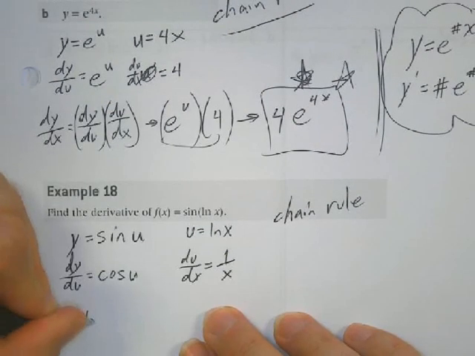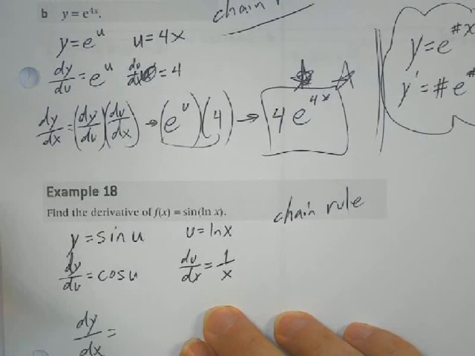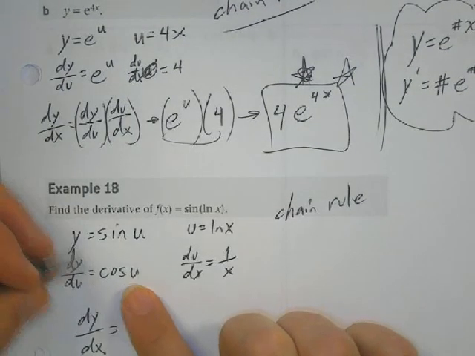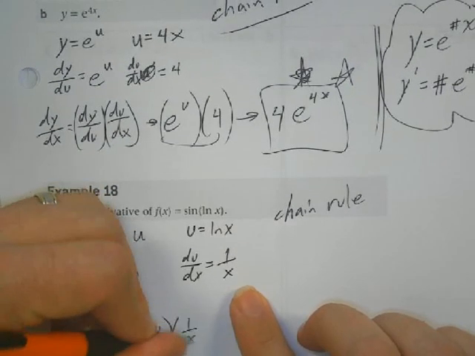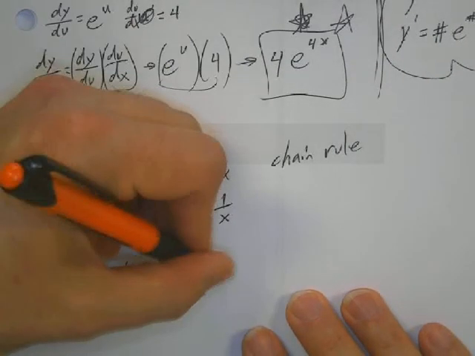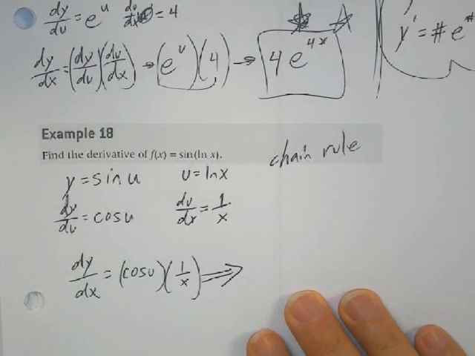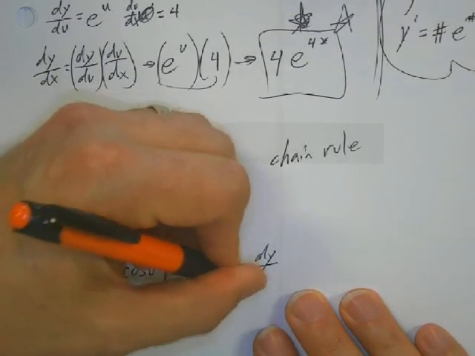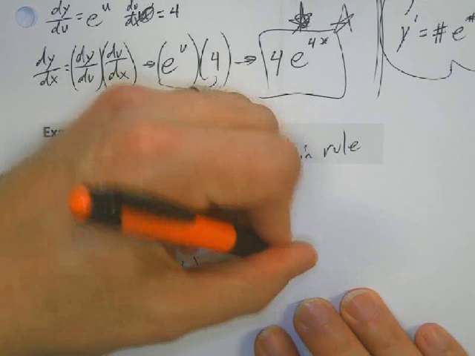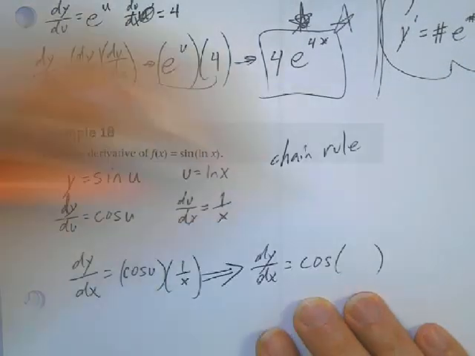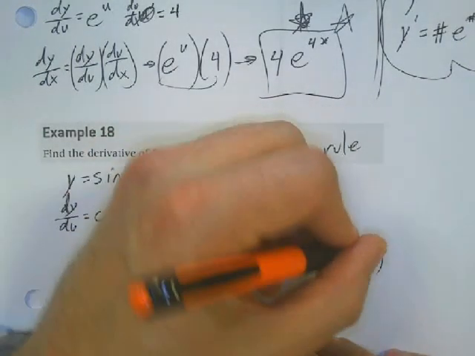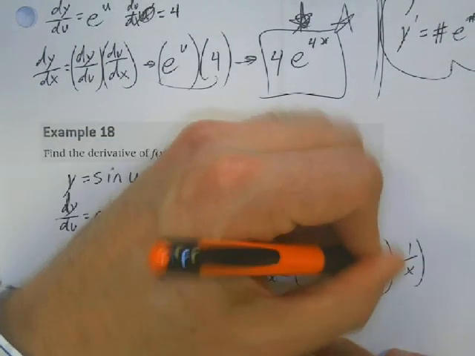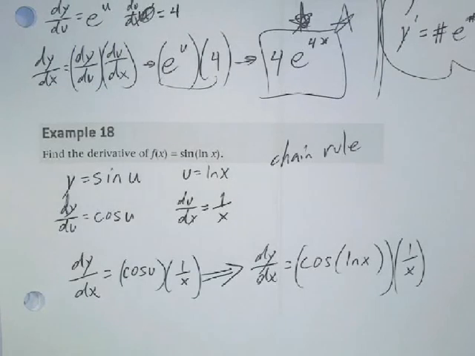So dy dx is equal to cosine u times 1 over x. And I'm going to replace u back with natural log of x. So our dy dx is equal to cosine of natural log of x, times 1 over x. Okay, hit pause if you need to.